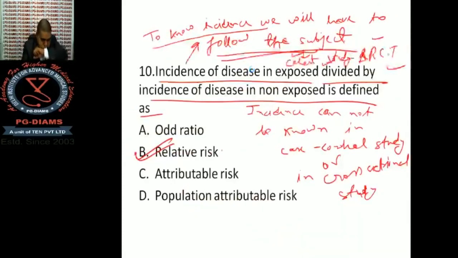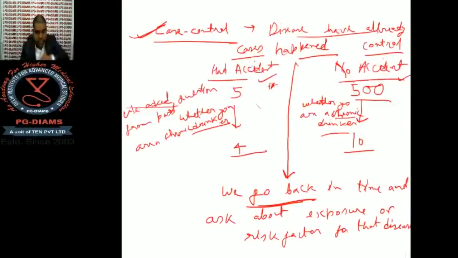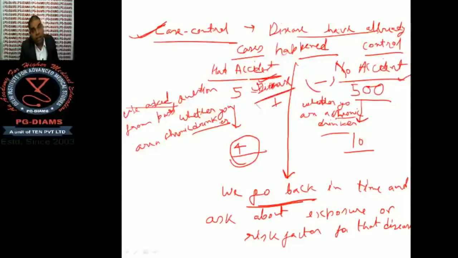For example, in this case control study, accident had already happened, so this was the disease. Disease was already present, disease absent, and you try to find out whether exposure was present or not. Disease you already know. You want to know whether they were drinking while having accident or not.